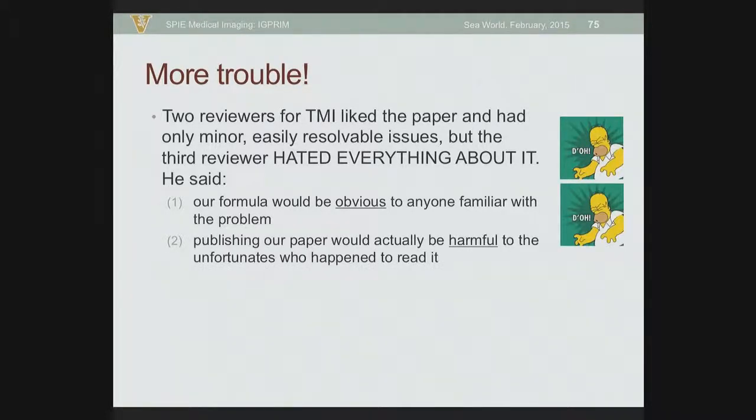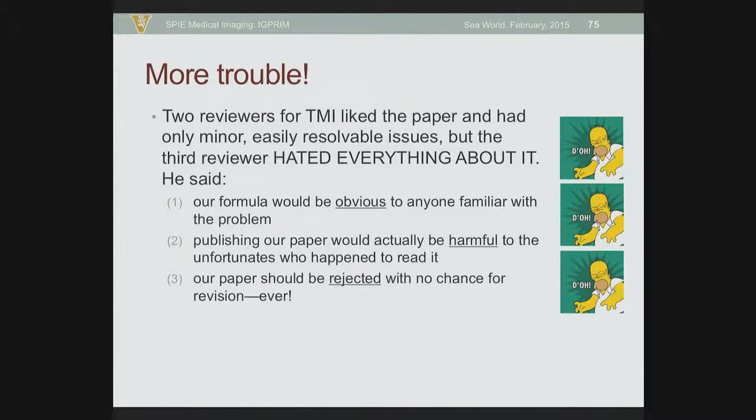Publishing our paper would actually be harmful to the unfortunates who happen to read it. He had this scheme about how it would be misleading to people or something. We couldn't understand it. Our paper should be rejected, and just make sure there's no chance for revision ever. This paper should never, ever go.